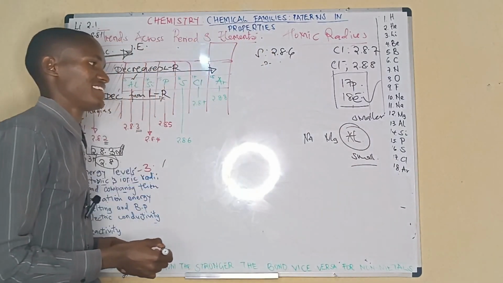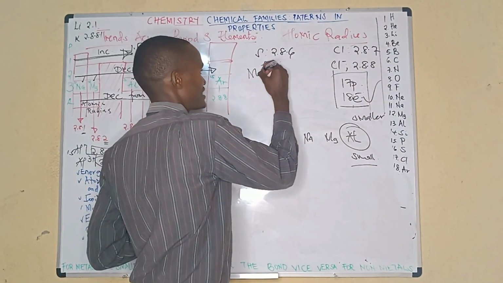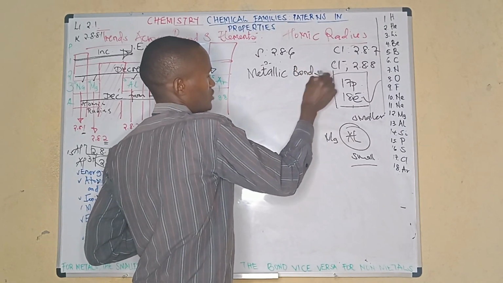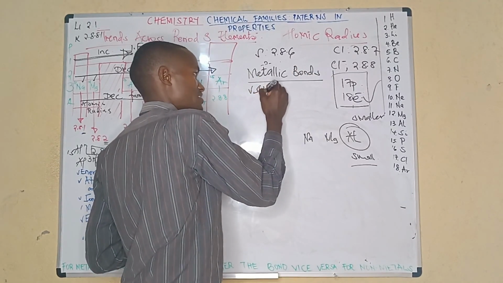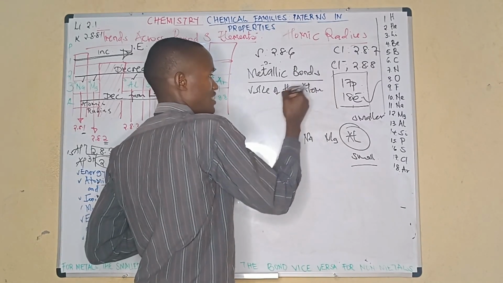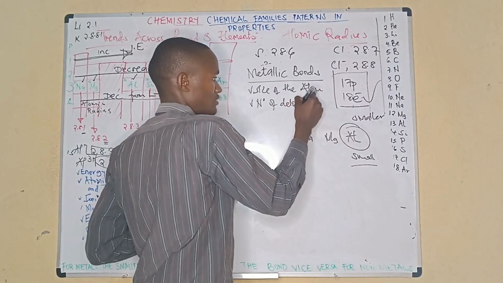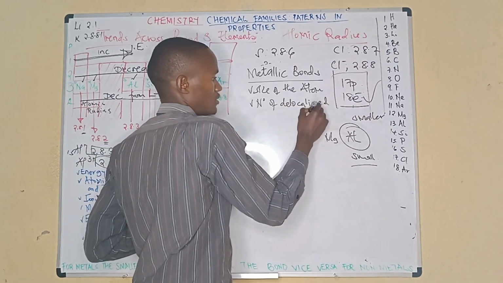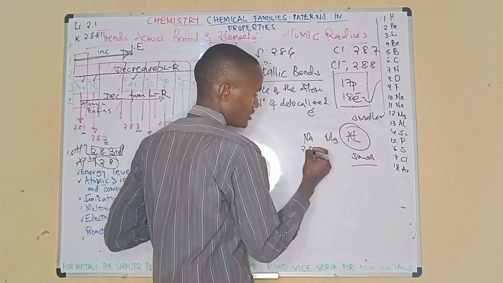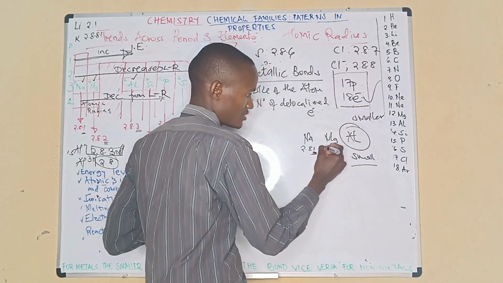Earlier, for metallic bonds, we said there are two factors that affect the strength of the bond. One factor is the size of the atom. The other factor is the number of delocalized electrons. Sodium is 281, with only one delocalized electron.